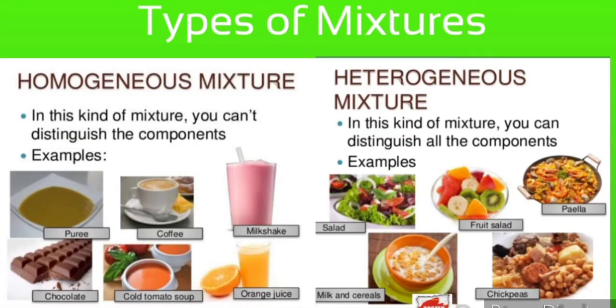In this kind of mixture, you can't distinguish the components. For example, a milkshake or tea, in this we cannot distinguish what all things are present. We cannot see them. Heterogeneous mixtures, in this kind of mixture, you can distinguish all the components. For example, fruit salad. In this we can distinguish all the different fruits. So these are the two kinds of mixtures.